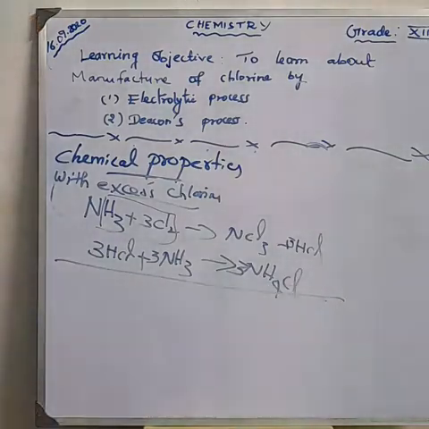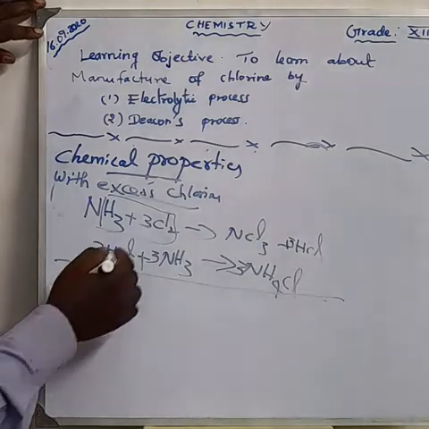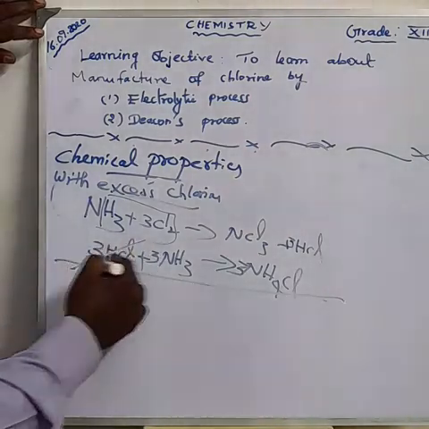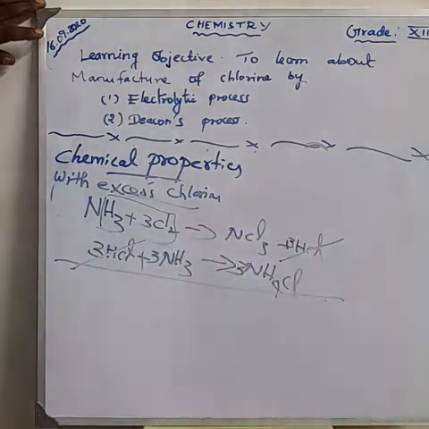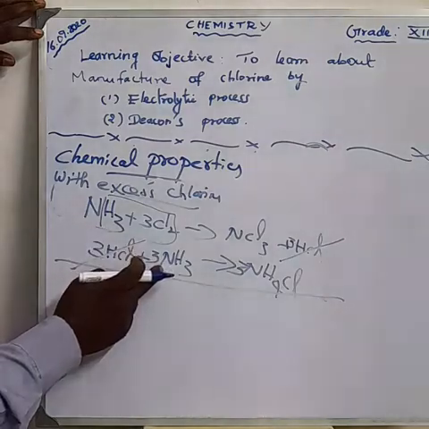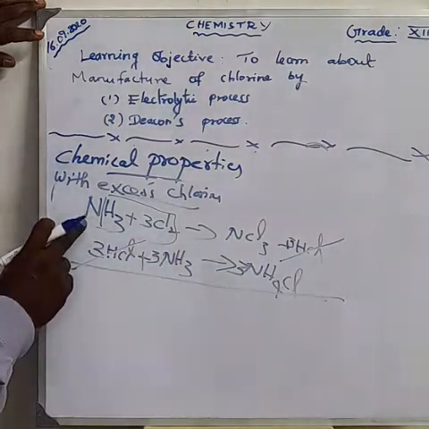Now what is the overall reaction? Already I told you that you should cancel the 3 hydrochloric acid and 3 hydrochloric acid. So what is the overall reaction? Here 1 ammonia, here 3 ammonia.